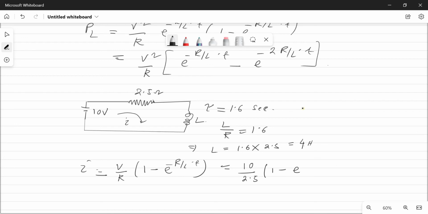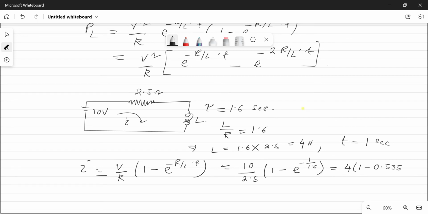When T is equal to 1 second, at that time it will be 1 by 1.6. We are finding current after 1 second. So this will be 4 into 1 minus 0.535.